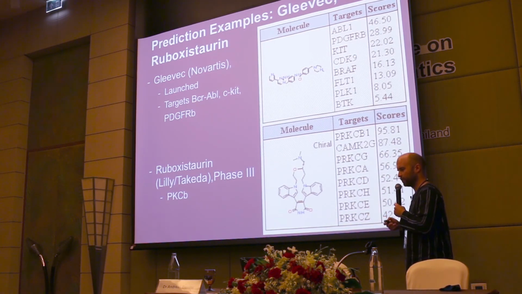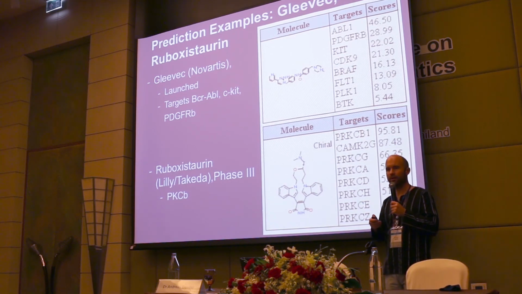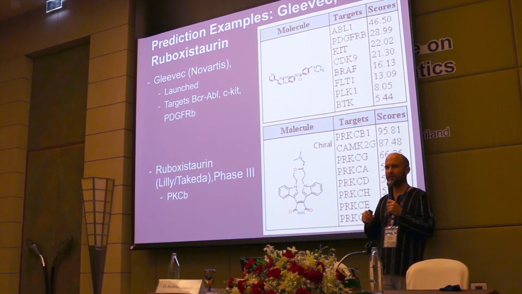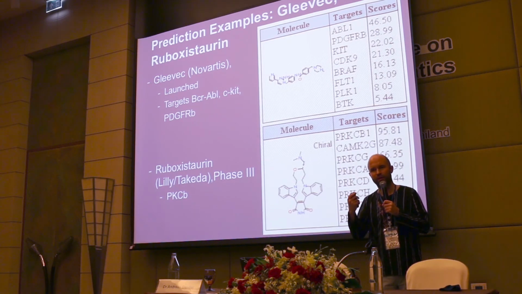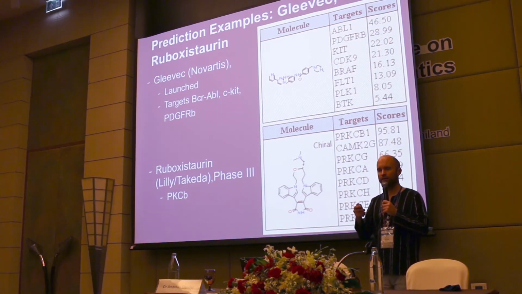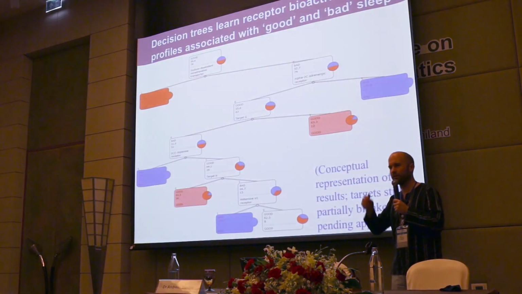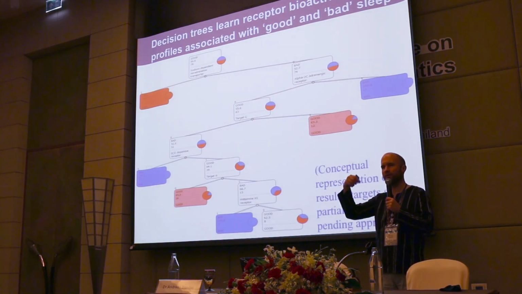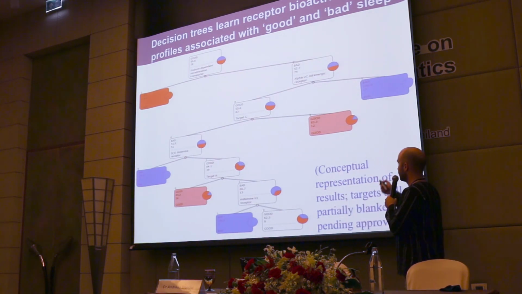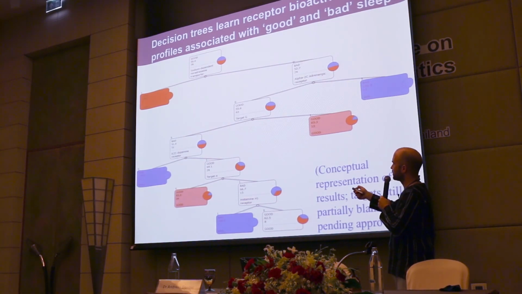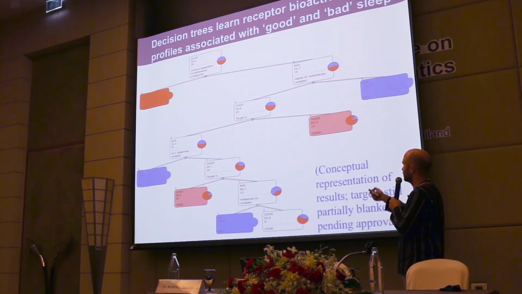And those predictions we can apply to those 500 compounds that were tested in rats, and we wanted to understand what are the bioactivity profiles that are associated with good sleep and either no sleep or side effects. And so we put those bioactivity profiles in decision trees, and you read those from the top. So you have a combination of targets that gives you an effect. So red here means these are compounds that show the desired effect.